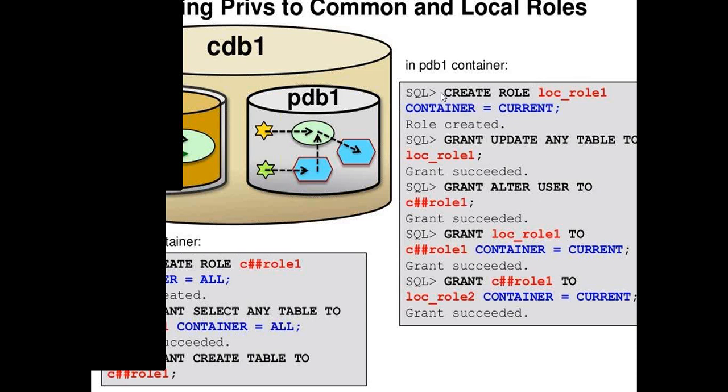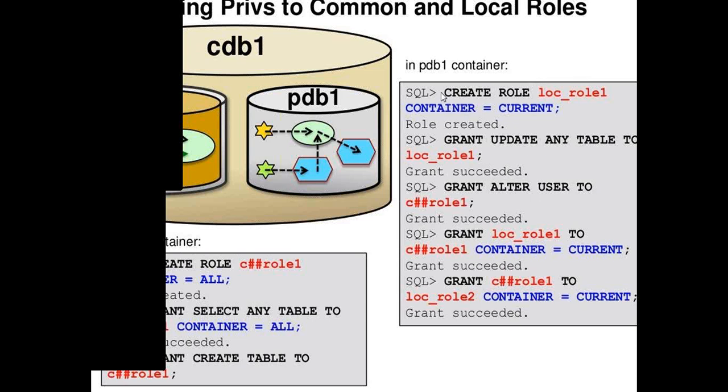But guys, remember, this grant alter user to C##role1 is limited to pluggable database 1 only. If you fire this command, this privilege will not be given to C##role1 which is part of pluggable database 2, or the main container which is root. So this is limited to pluggable database 1 only.